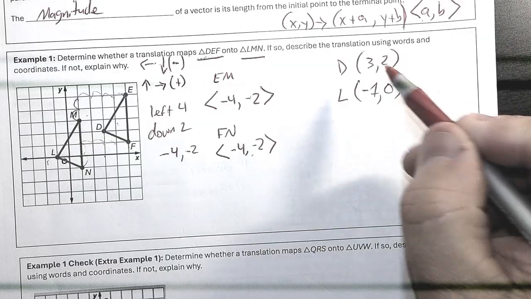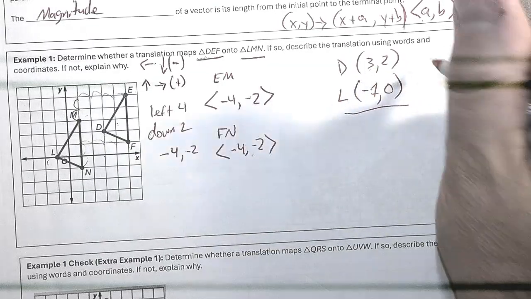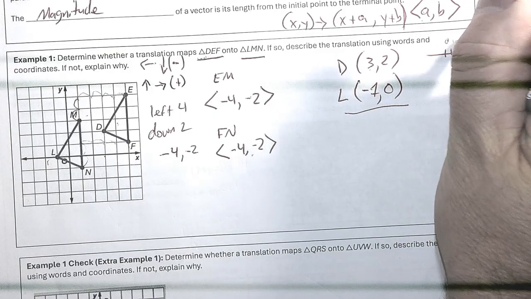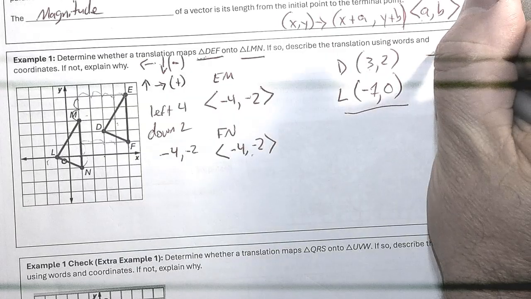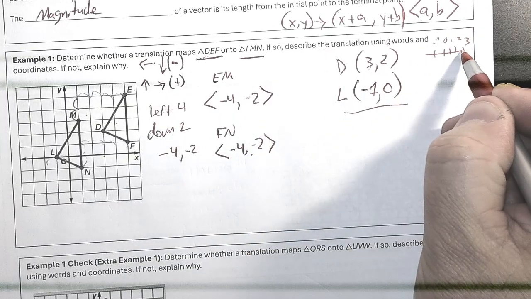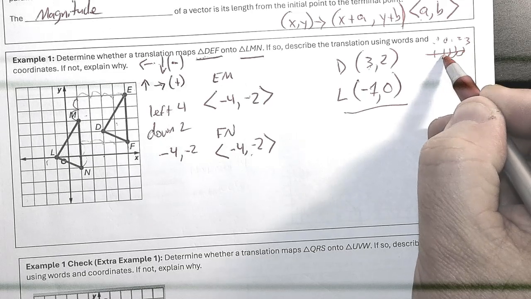So we can take these 2 points and figure it out. On a number line, I'll draw you a little number line over here. So here's 0, 1, 2, 3, and we got to go to -1. From 3 to -1, we would count backwards, or left, or negative: 1, 2, 3, 4.